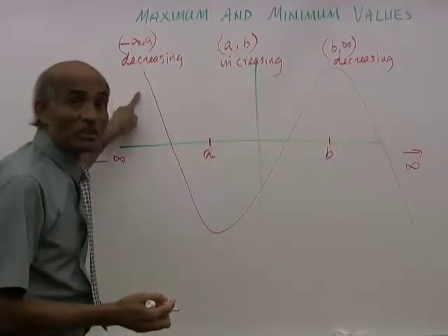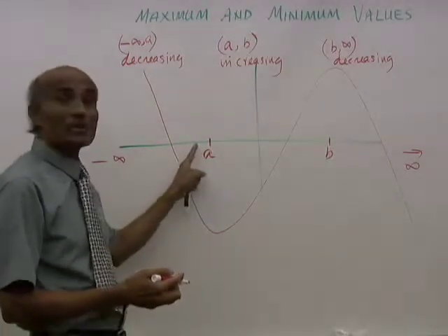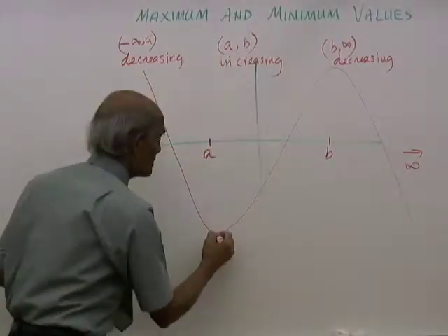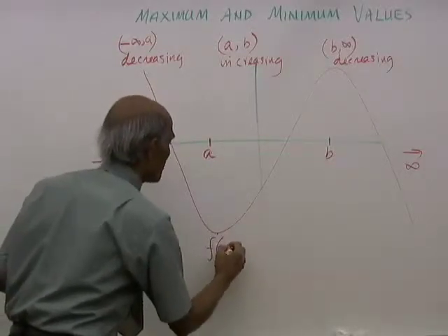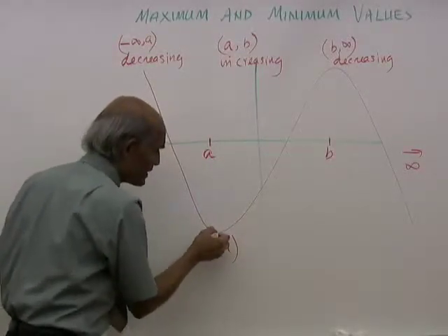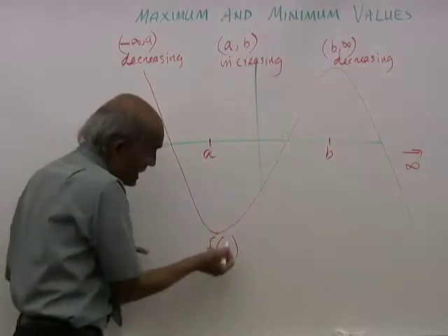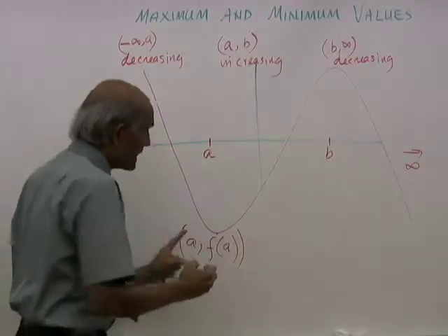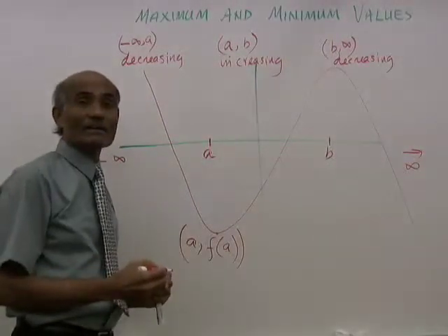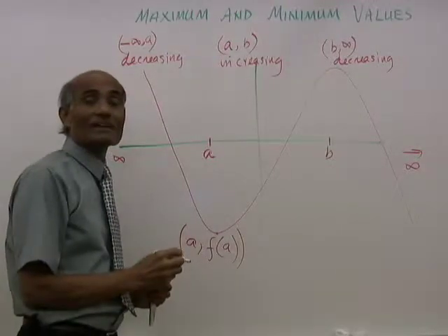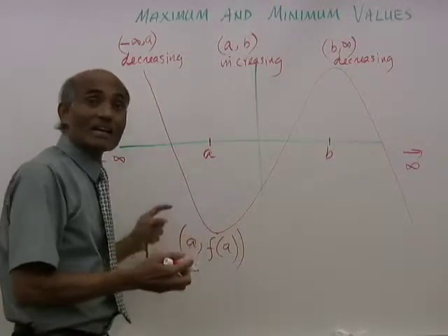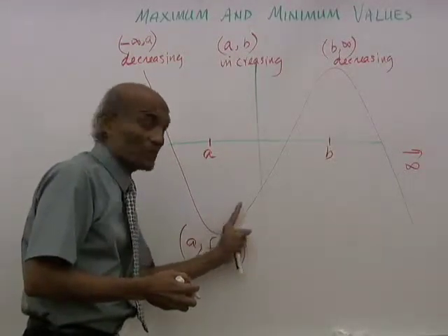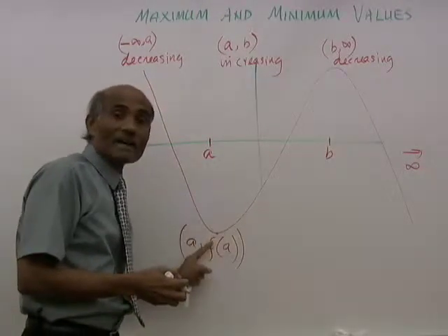Now, if the function is decreasing from negative infinity to a and increasing from a to b, what can you say about f of a? Look at this. The output at x equal to a is what we call f of a, or that point is called a, f of a. What can you say about f of a? f of a is a relative minimum. In fact, in this particular location, that is a minimum value.